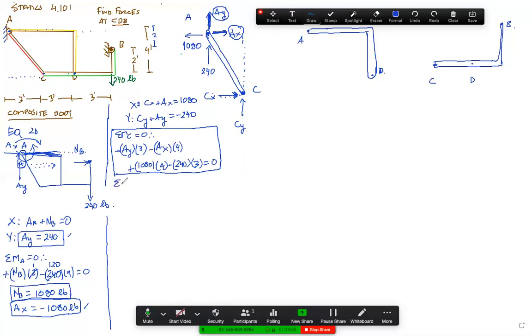So maybe if I had done the moment regarding A, I would get an easier way to solve it because I will have Cx times 4 positive, just taking into account this guy, plus Cy, just taking into account that guy, equals to 0. So I think for our purposes, it's better to choose point A instead of point C.